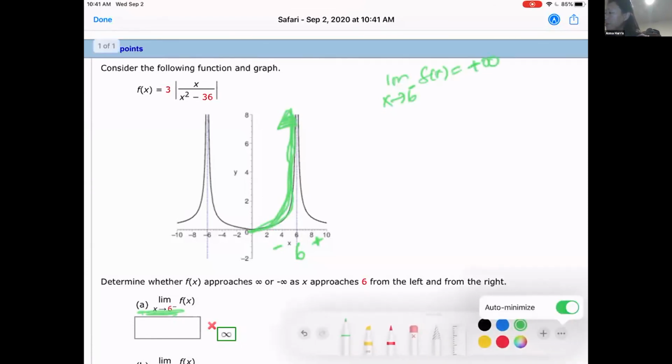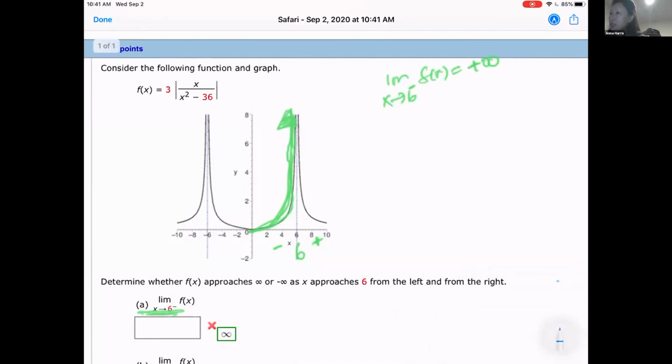All right, next person. Thomas. Tell me where this, 6 from the positive side, which means this graph, where does this limit approach to? Positive infinity. That's why it also goes to positive infinity. All right.